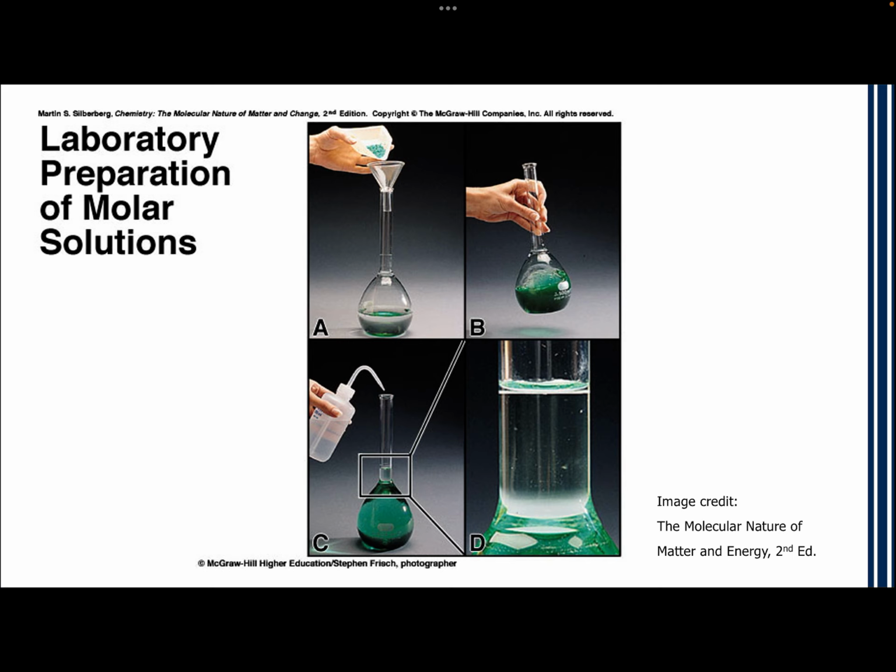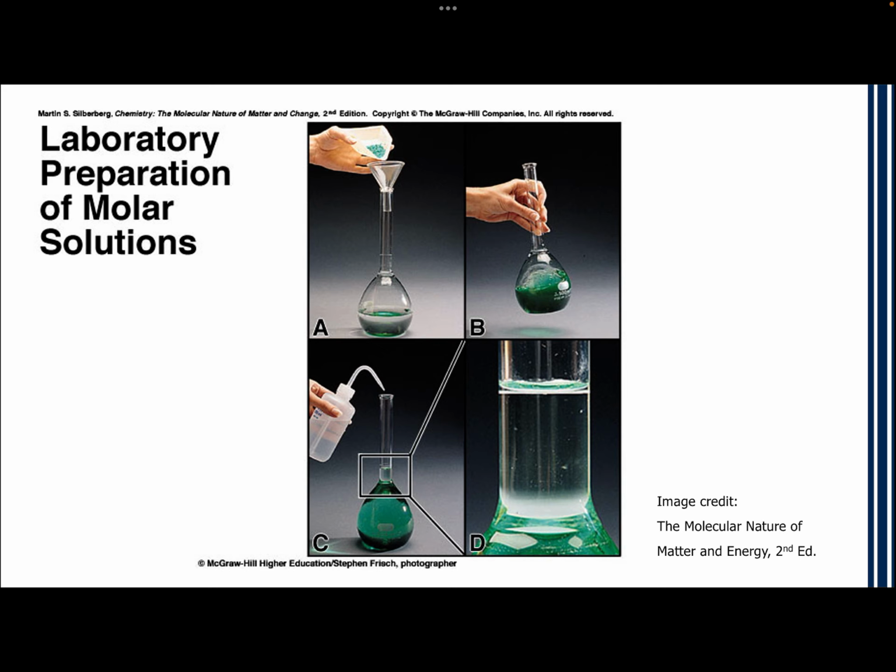So laboratory preparation of molar concentration. This is how a solution is made in the lab. So for preparation of a solution in the lab, usually a solid sample is weighed using the analytical balance in a beaker, and then it is dissolved in the beaker before we transfer it into the volumetric flask.